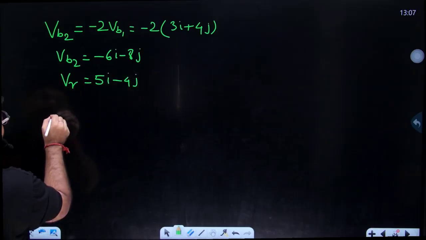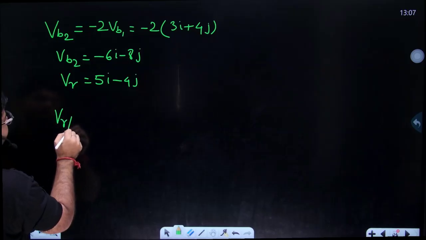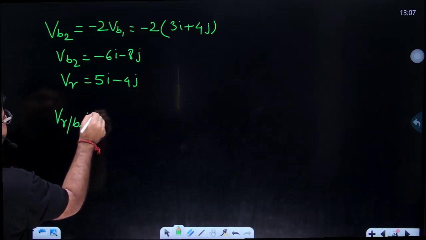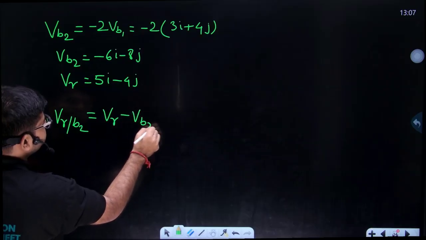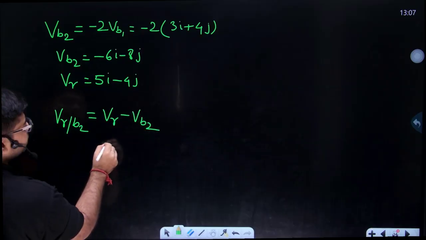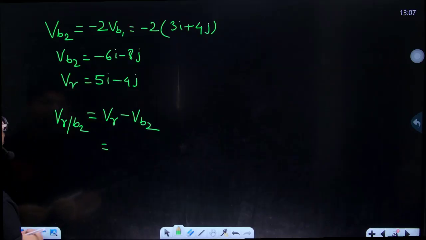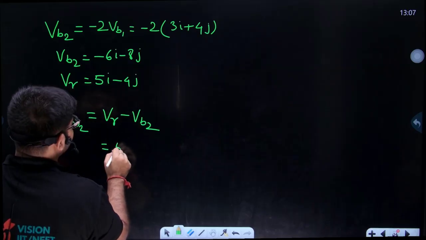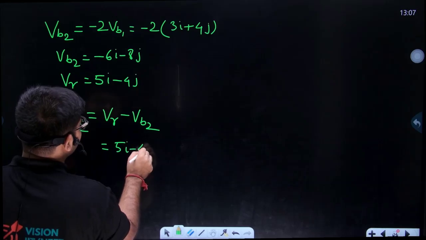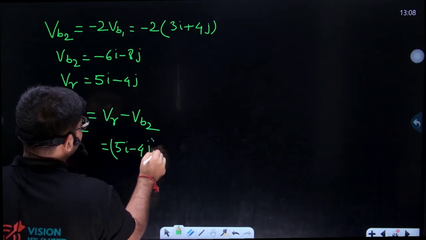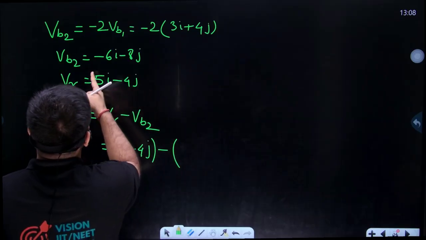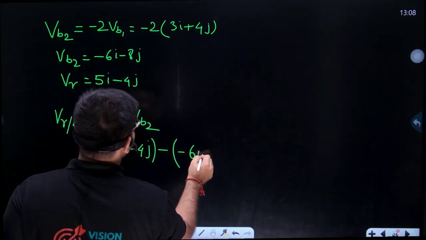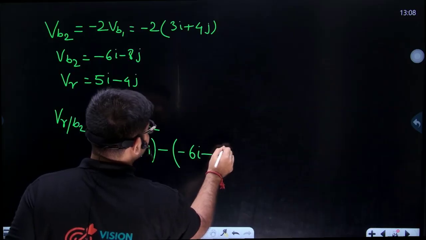Then the velocity of the rain with respect to the boy when he is coming down is VR minus VB2. VR is 5i minus 4j, minus VB2, which is minus 6i minus 8j.